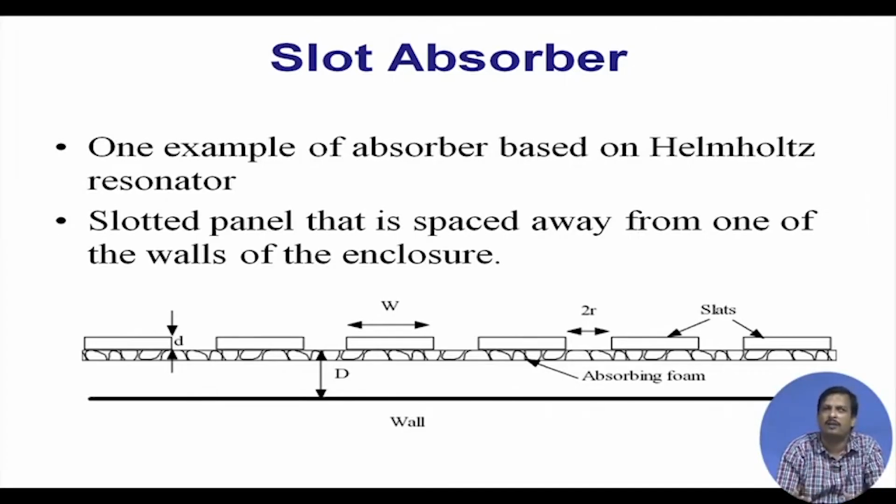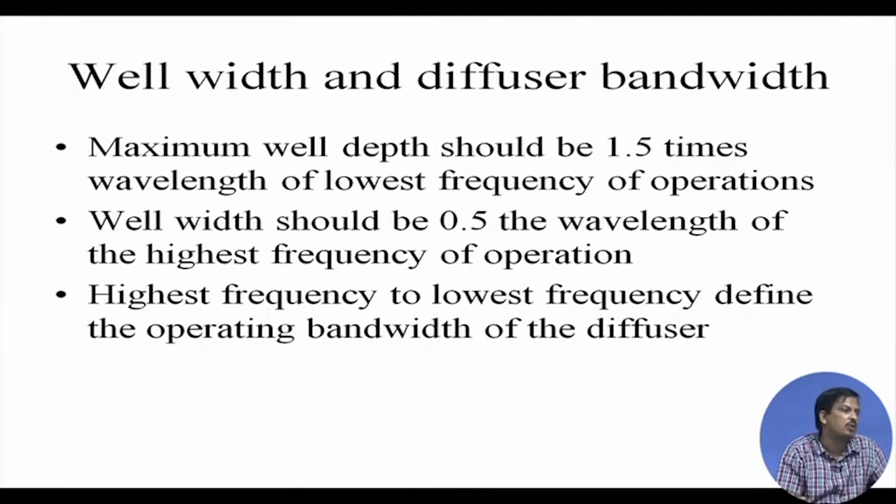You know the frequency of operation of the auditorium, then we have to design the depth based on that equation. The maximum wall depth should be 1.5 times the wavelength of the lowest frequency, because if it supports the lowest frequency, it will support the highest frequency.